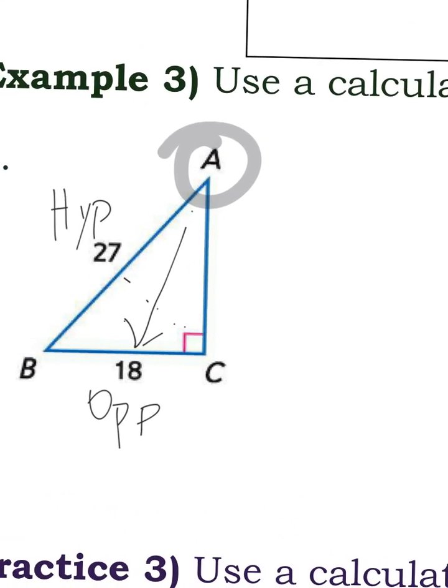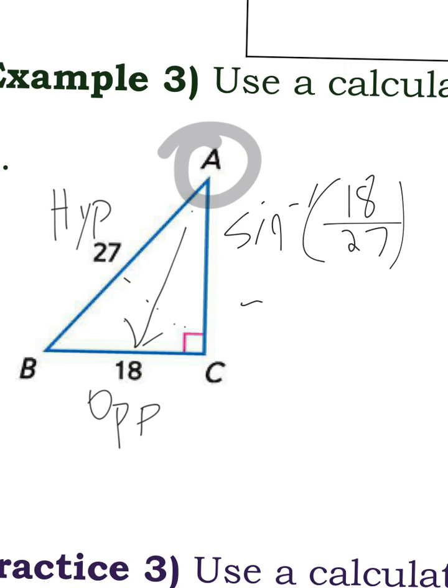So I write inverse sine, or sine to the power of -1, which is the universal symbol for inverse. I type in sine -1 of 18 over 27, and it's going to output an angle of about 41.87 degrees. Okay?